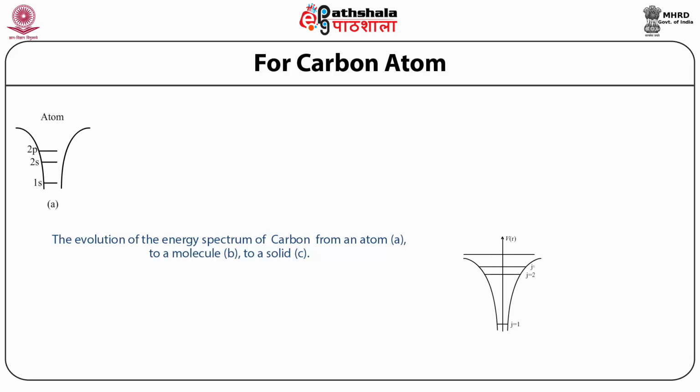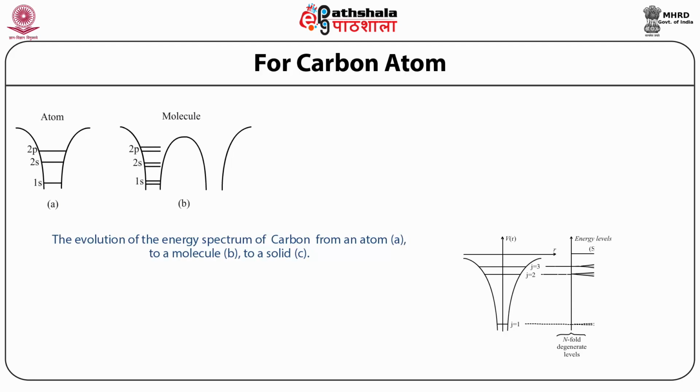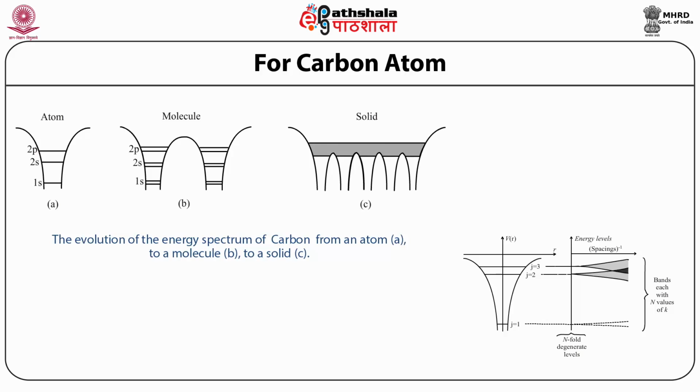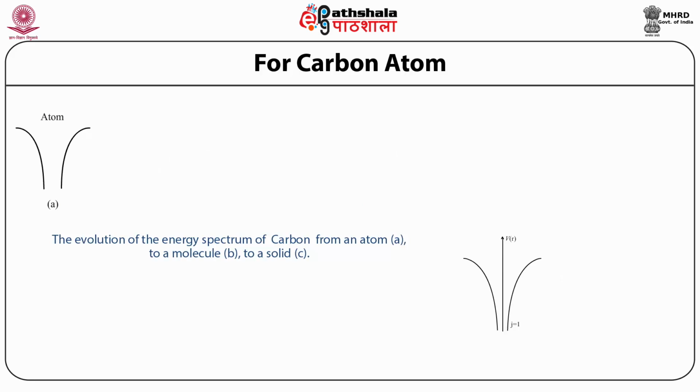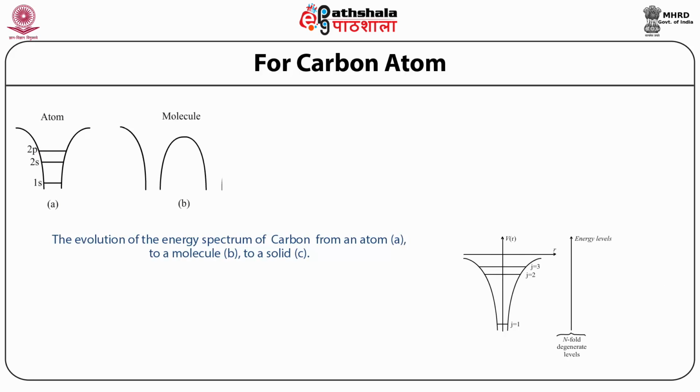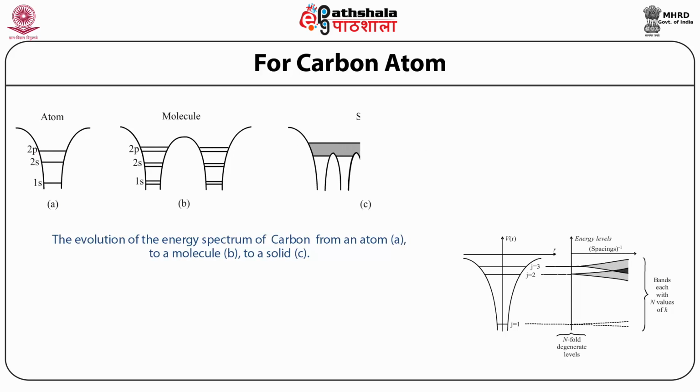And thus, the 1s, 2s, 2p levels give rise to 1s, 2s, and 2p energy bands as shown in this figure above. The regions separating these bands are energy gaps, which are regions of forbidden energy.